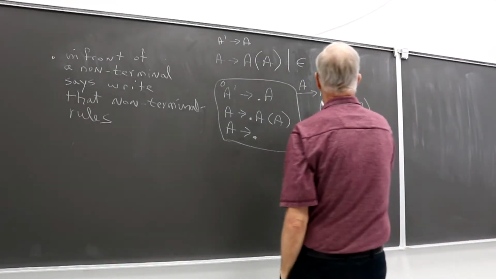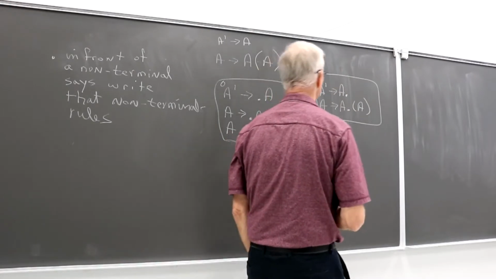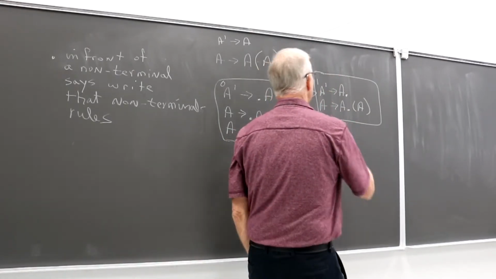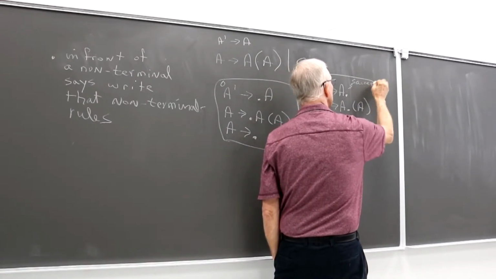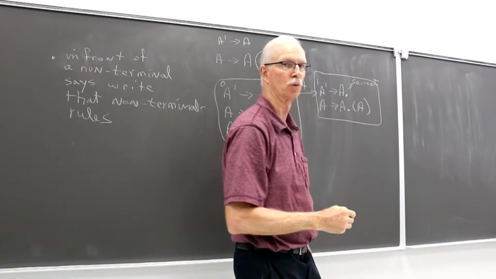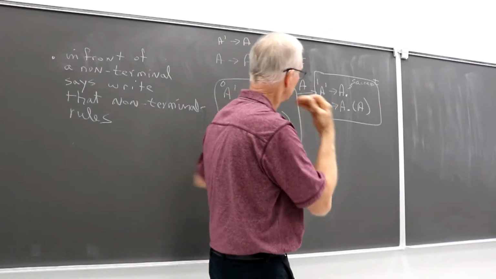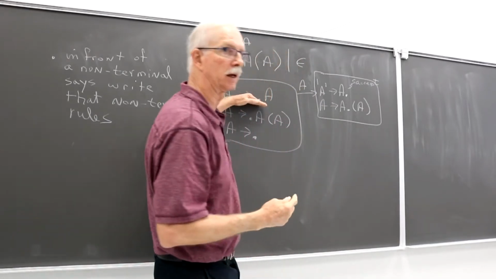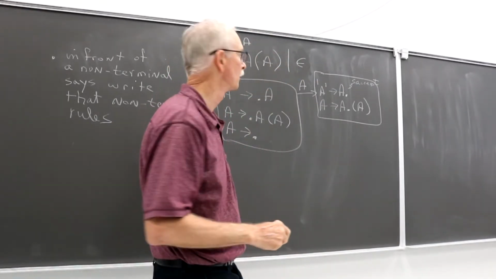All right, so we claim this is item set 1. And this is our accept, but this we still got to do more work on. As a result of augmenting it, we've got a unique accept configuration.